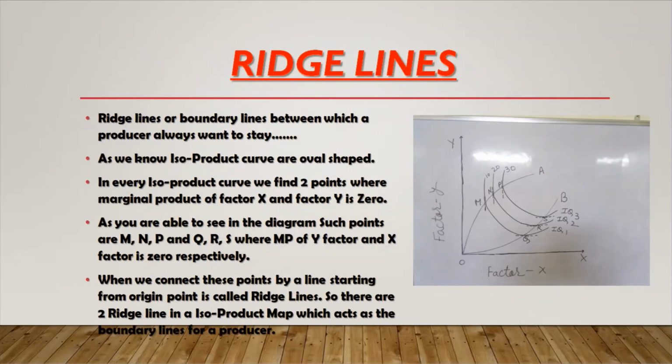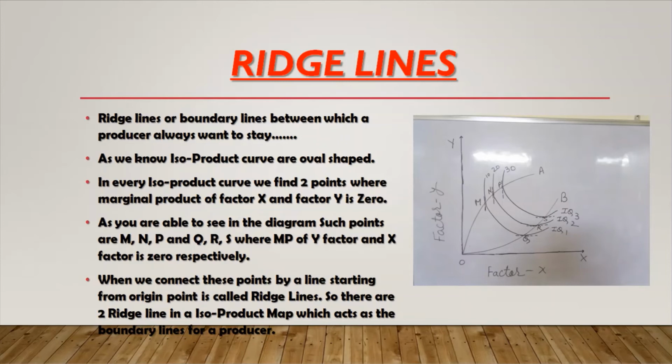Now a new concept, ridge lines, is in front of us. Ridge lines are also called the boundary lines for producers, because between these lines a producer always wants to stay and do the production. As we know, isoproduct curves are oval shaped. In every isoproduct curve we find 2 points where the marginal product of factor X and factor Y is 0.